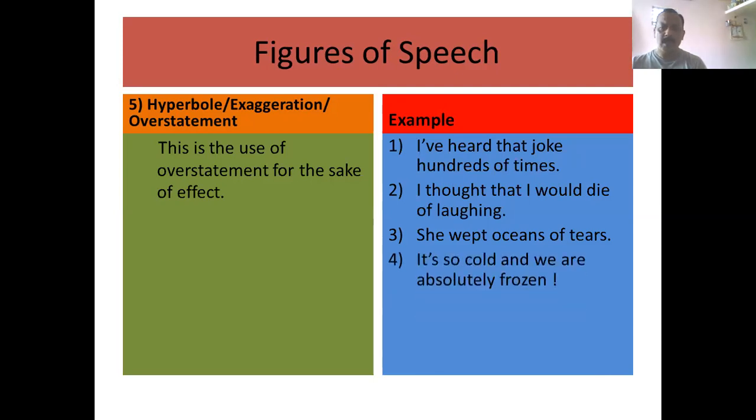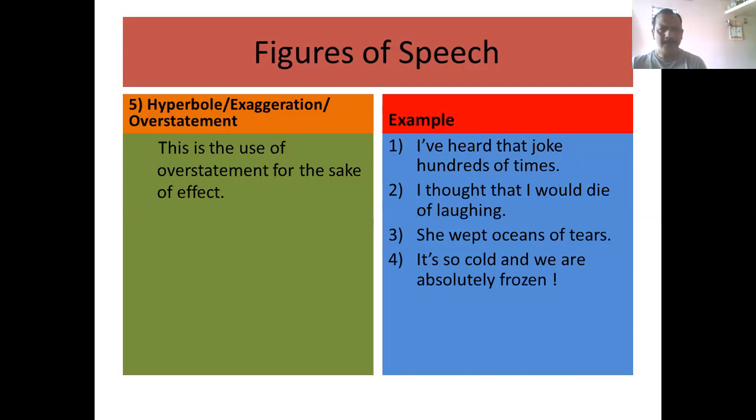It's so cold, and we are absolutely frozen. Means the cold or winter season may be there, and at that time anybody may feel the chill in such a quantity that he is forced to say a sentence like this: it is so cold and we are absolutely frozen.